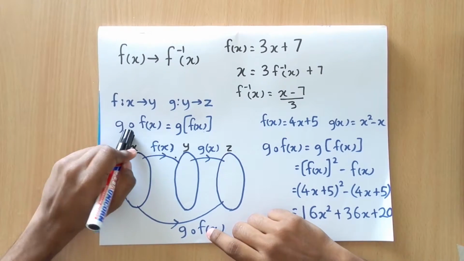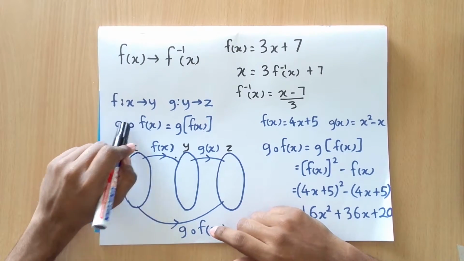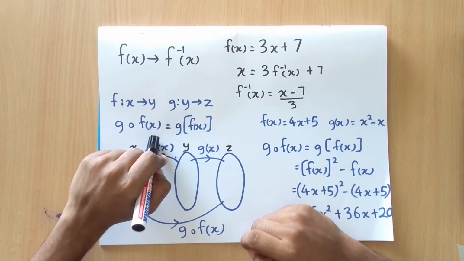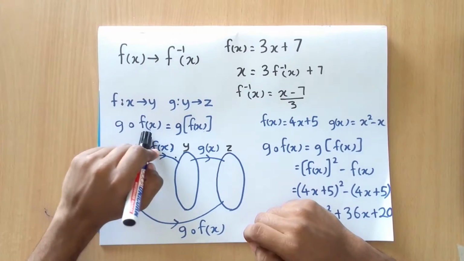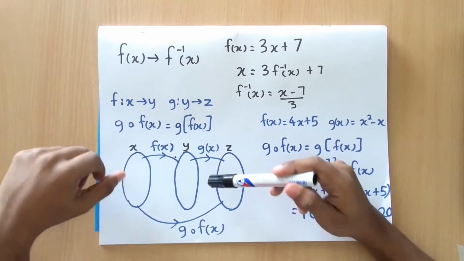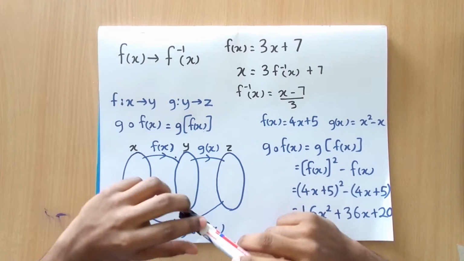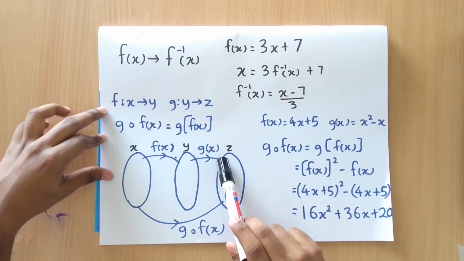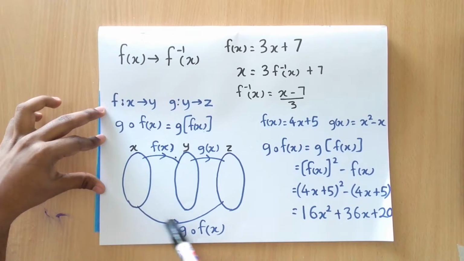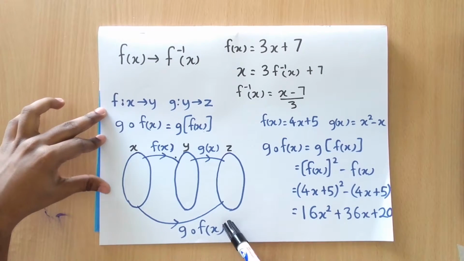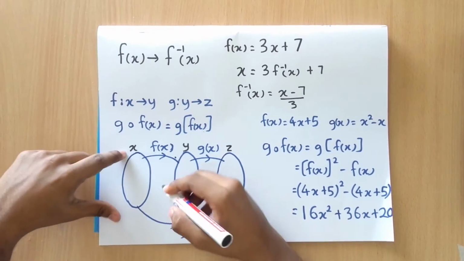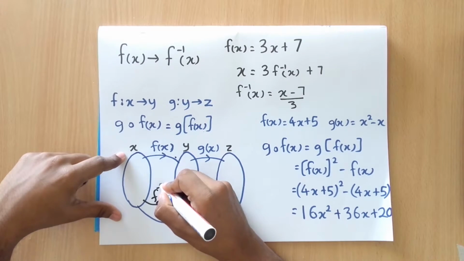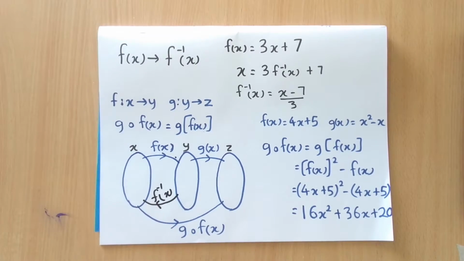This is not a dot. It is basically like a small o, and this is pronounced as g of f of x. The diagram below shows this mapping. So this would be f(x), and this would be g(x), and this would be g of f of x. This would be f inverse x.